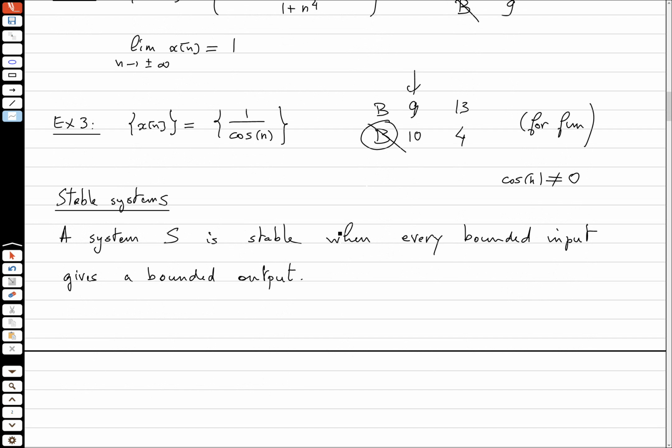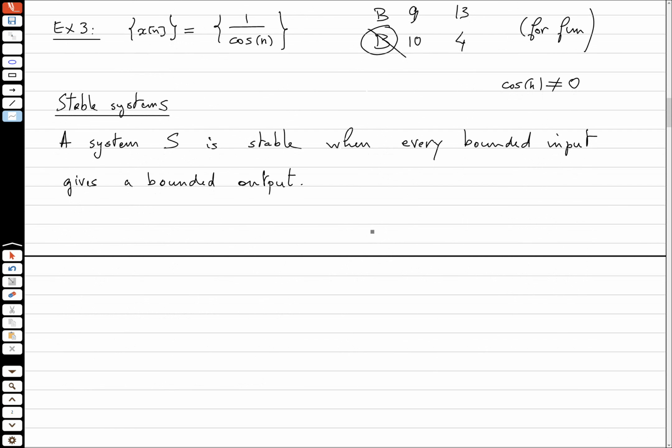I don't care. You can do it if you want. Some students get confused: all right, you input something bounded, but what if you input something not bounded? And I say, okay, it's your problem. It's not mine.